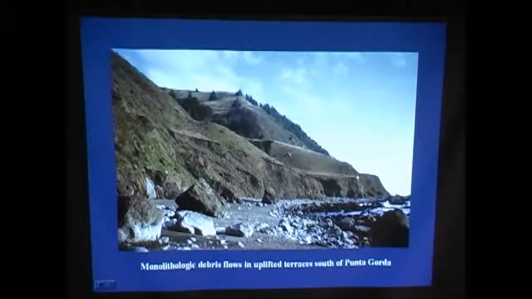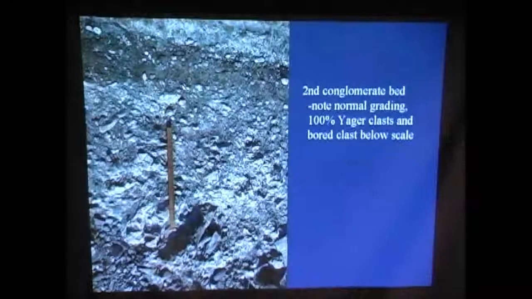And so these uplifted terraces south of Punta Gorda are made from very poorly sorted debris flow deposits interstratified with sandy beach deposits. And this is an exact analog for what was happening at Scotia 6 million years ago when the Basal Wildcat group was deposited.